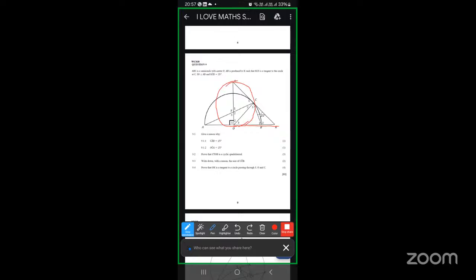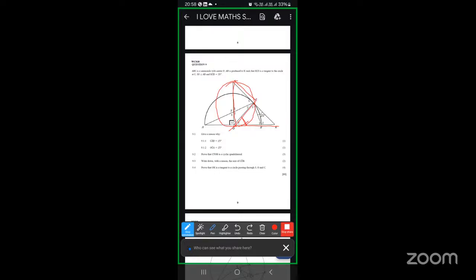And then we can also see that inside this circle of ours, we have got this triangle. Can you see it? Yes, that's the triangle. That's the triangle that she was talking about.